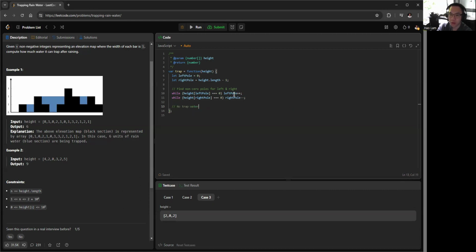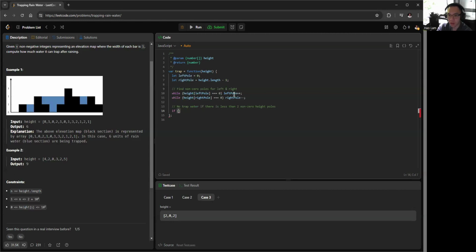No trapped water if there are less than 2 positive poles, then return false, or less than 2 positive heights.